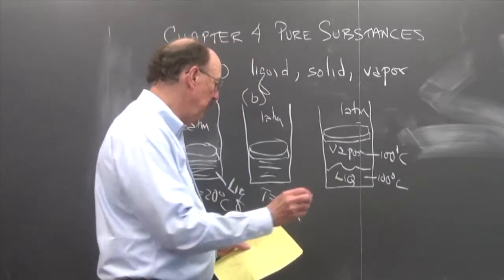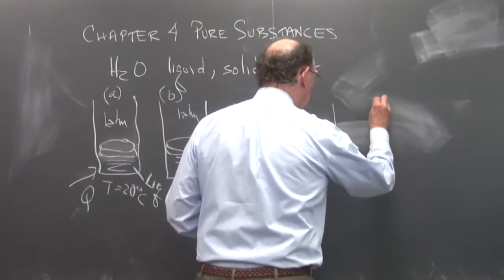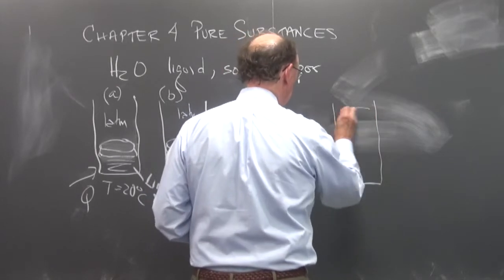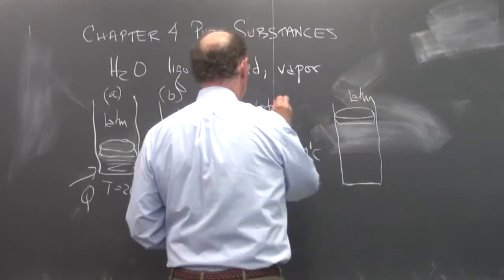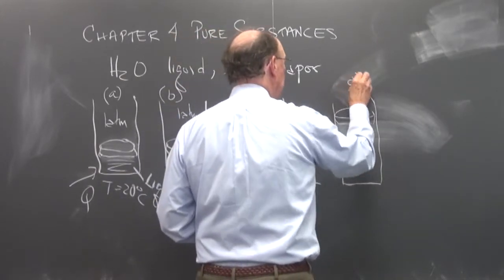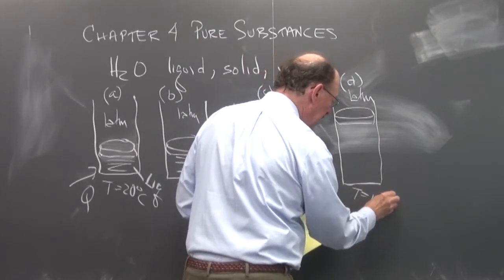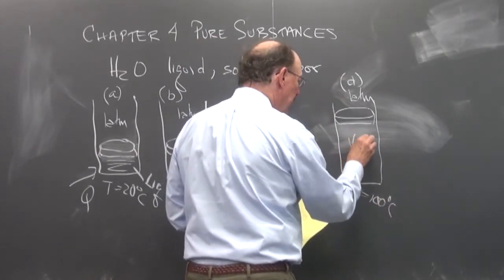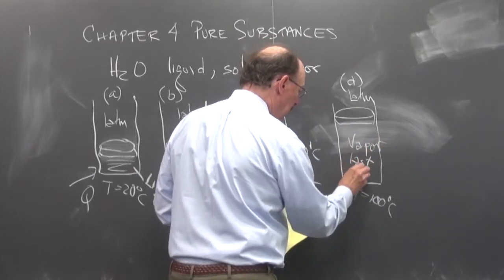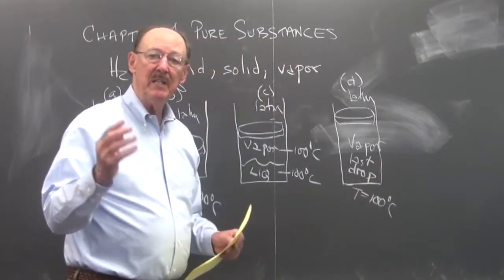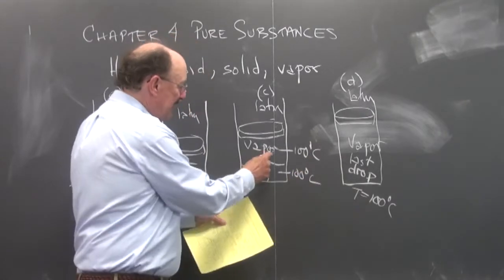We keep heating it, so we keep the heat going, and here we're still going to have T equal to 100 degrees C, and all we have is vapor, and we say last drop. By this, we mean the last drop of liquid has evaporated, and now it's filled with vapor.